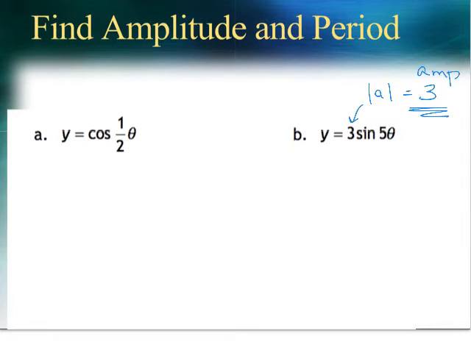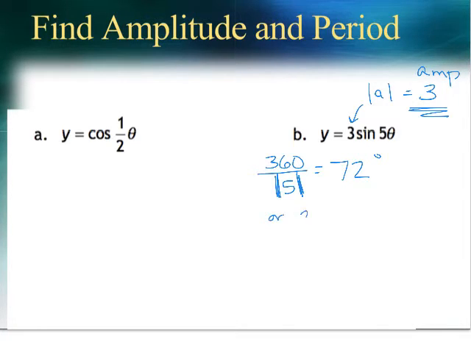And then the period, we take our 360 degrees divided by the absolute value of b. Well, b is 5. So when I take 360 divided by 5, I get 72 degrees, which will help me make a complete cycle for my curve.